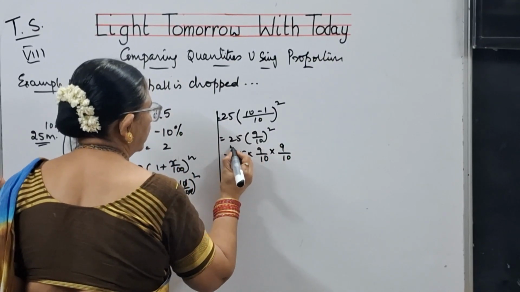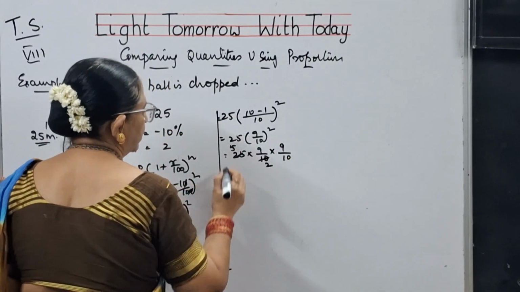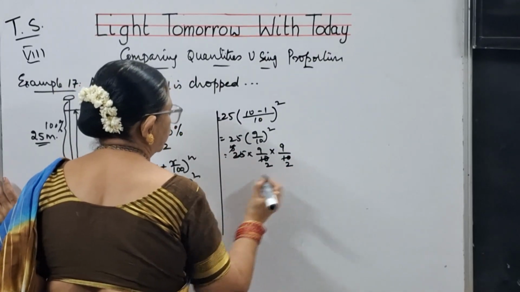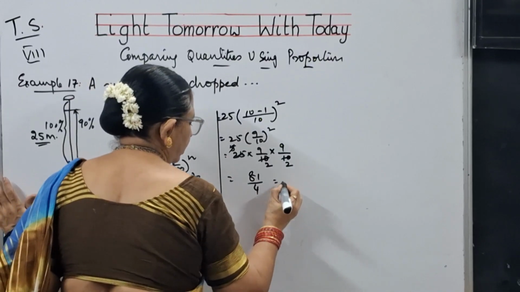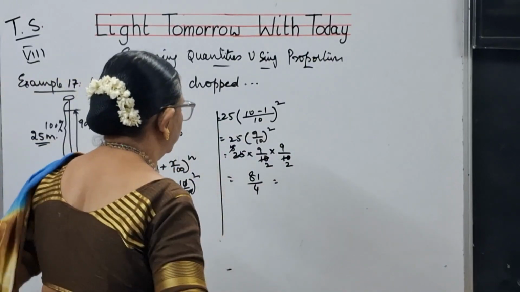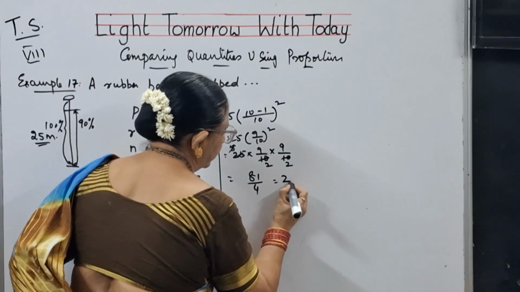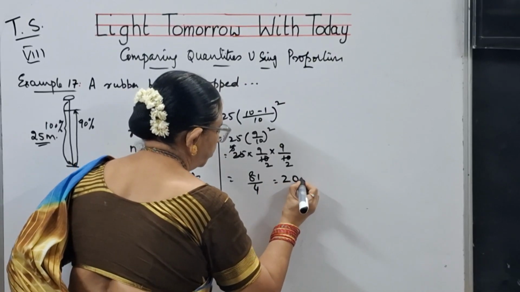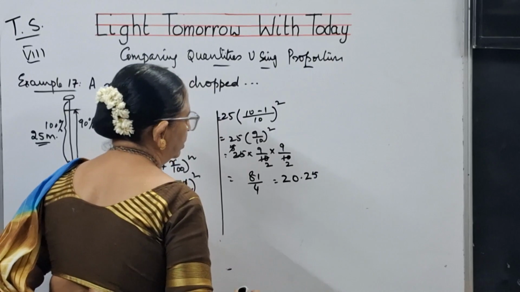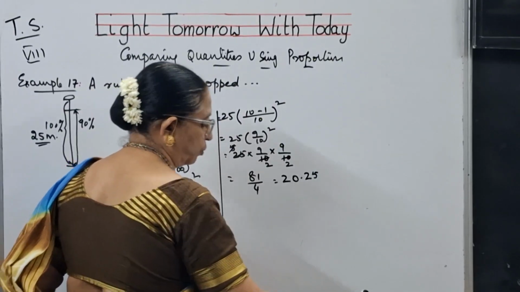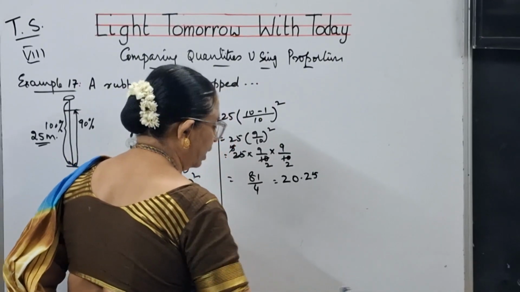So 5 5s are 25, 5 2s are 10, 5 1s are 5, 5 2s are 10. So 9 9s are 81 by 4. 81 by 4 means 4 2s are 8, point, 4 5s are 20. So 20.25. So the height reached.